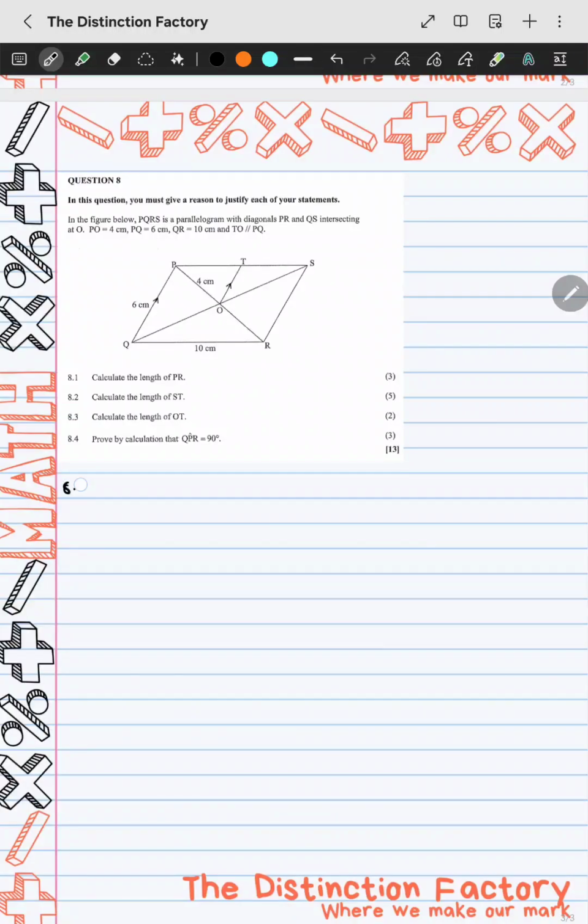All right, so question 8.3. We are first going to point out that PT is equal in length to TS, and that was proved above. We are also then going to point out that QO is equal in length to OS, and that is because diagonals bisect.